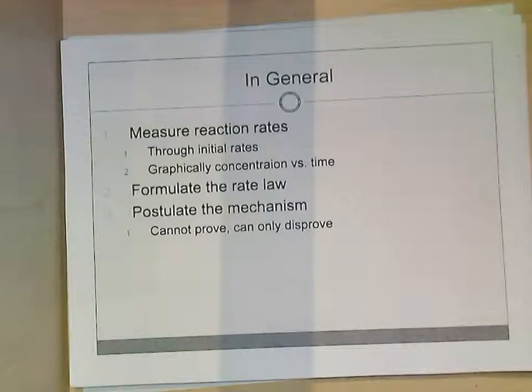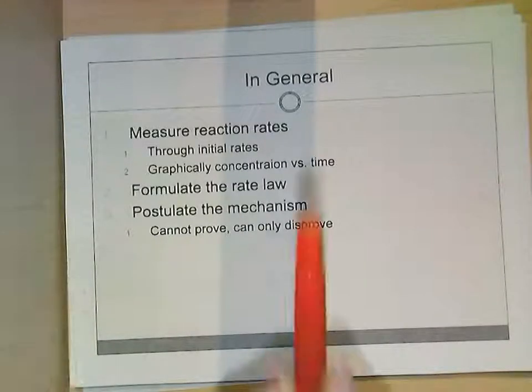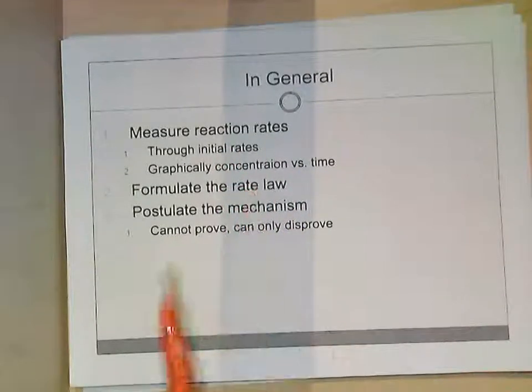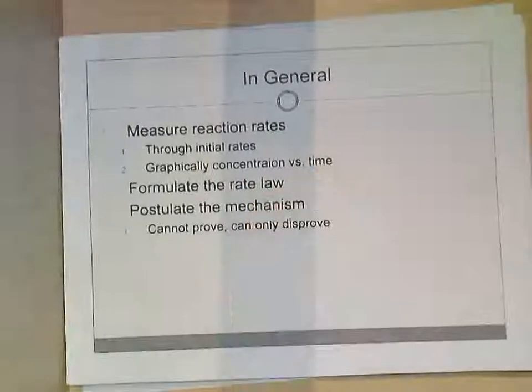We can measure a reaction rate either through figuring out initial rates or doing my favorite thing, making some graphs. Once you figure out the order of the reaction based on these two things, you can put together the rate law. And then from the rate law, we can figure out what the correct mechanism is for any reaction.